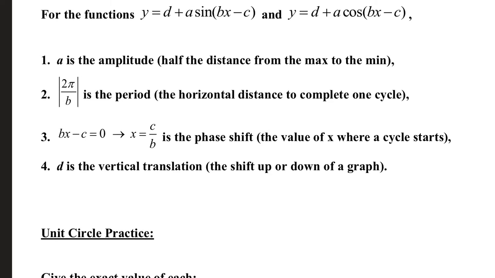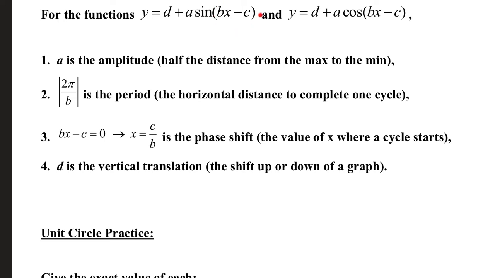Okay, so for summary, for functions of sine and cosine, and I just put generic equations up here at the top, the absolute value of A is your amplitude. That's half the distance from the max to the min. 2 pi over b, which is the coefficient of your angle, is the period. That's the horizontal distance that it takes to complete one cycle. What we'll do in the next video is something called phase shift. We haven't done that yet, but it's a horizontal shift.